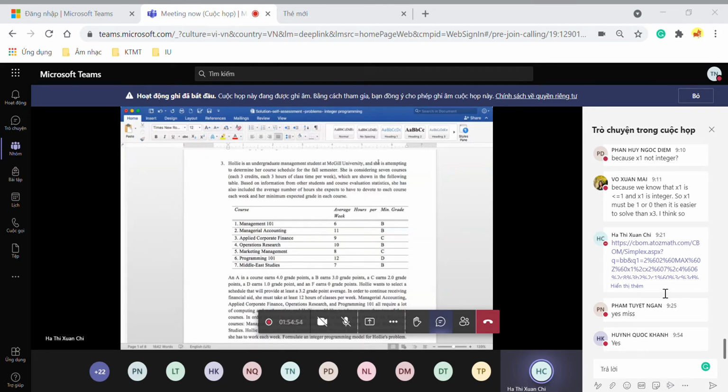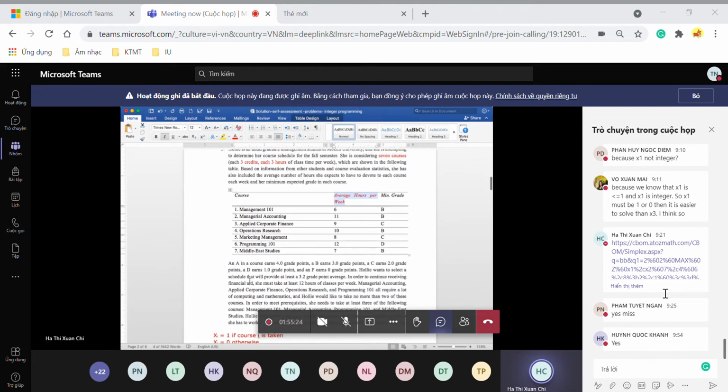Right now, she only has seven classes to study. It's 3 credits, 3 hours per week. And what else? Here that is the average hours per week she spent. That is the minimum grade she gets.